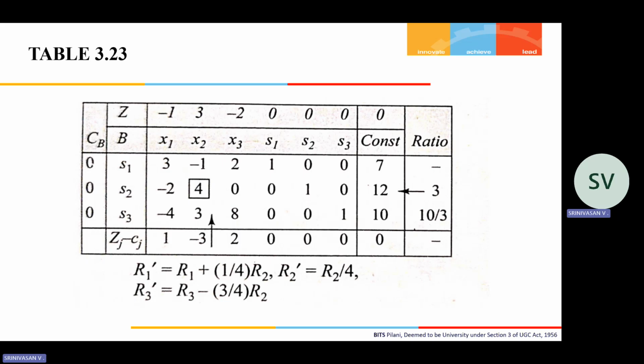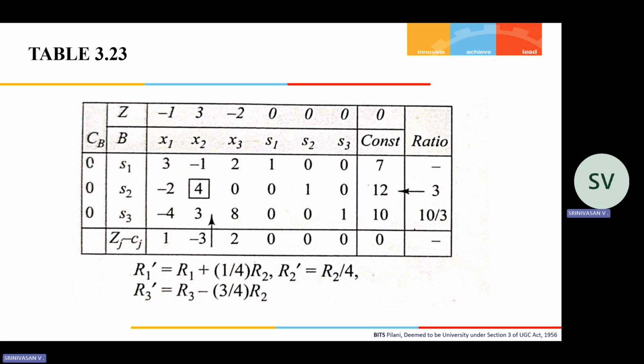Okay, right. So next you have to think of this after making this as 1, or you can do it even simultaneously. So with this as 1, what you have to do now? See, R2 dash, that is the new second row, is your R2 by 4, that is divided by 4. Okay. Now what is new R1 dash, new row 1?